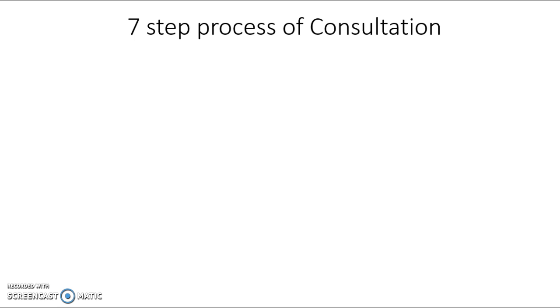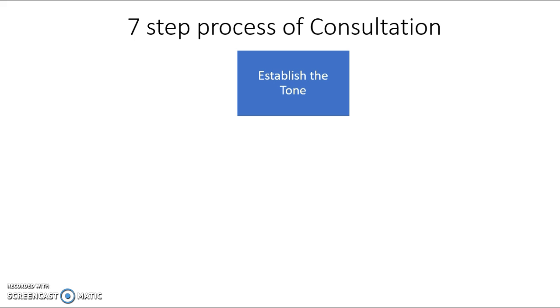Now we'll move on to the 7 steps process of consultation. The first step is to establish the tone. And we've talked about this at multiple points. That means we're establishing mutual respect as well as equality. So again, we're avoiding that trap of consultant as expert. Here we're looking at the consultee bringing skills as we bring skills. We're establishing that privacy and confidentiality are established.